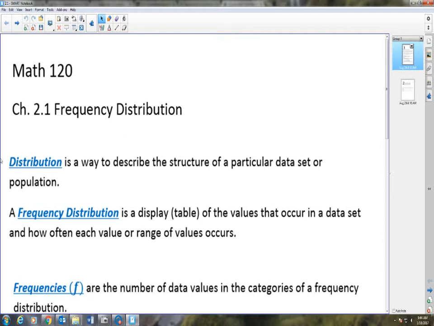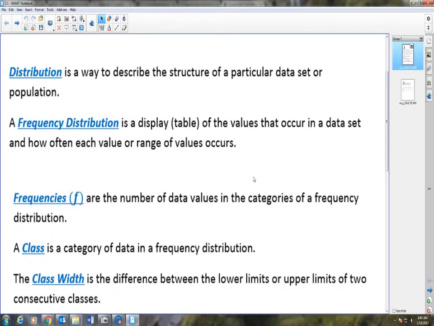So the word frequency distribution is a display, like a table, of values that occur in a data set and how often each value or range of values occurs. The word distribution itself is describing the structure of a data set. The frequency distribution is referring to a table and such.